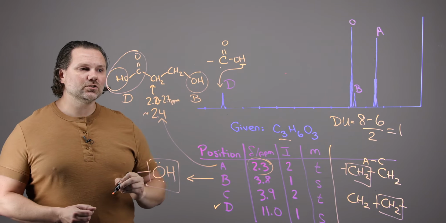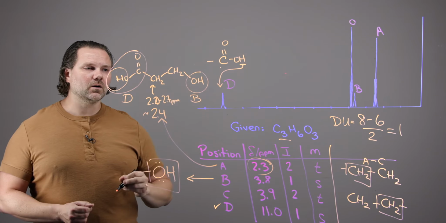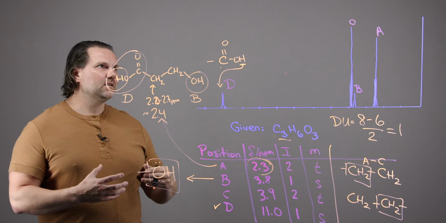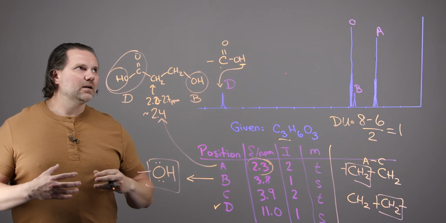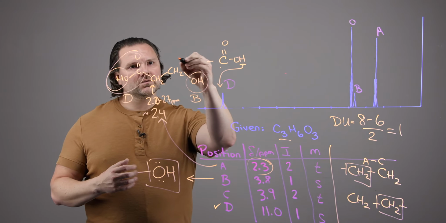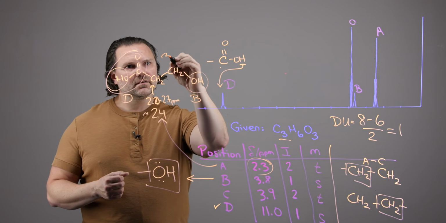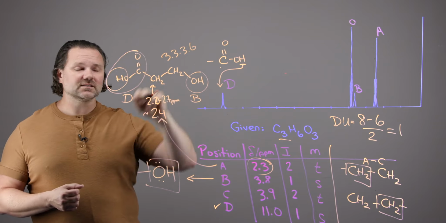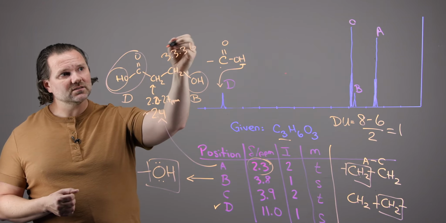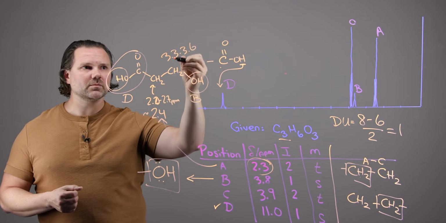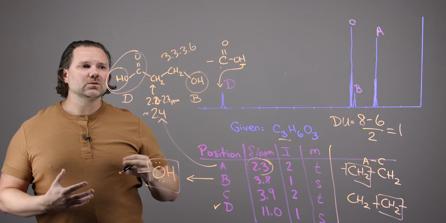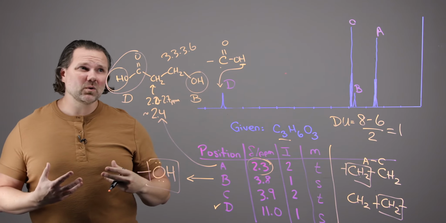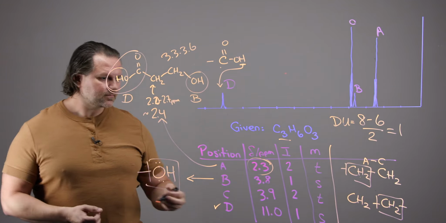Then the CH2 group next to an alcohol, that's going to be further deshielded, and we expect that that would be around 3.3 to 3.6 ppm. Since it's a CH2, the CH3 is 3.3, the CH is 3.6, somewhere in the middle. So I'm going to expect it to be around 3.5 ppm.